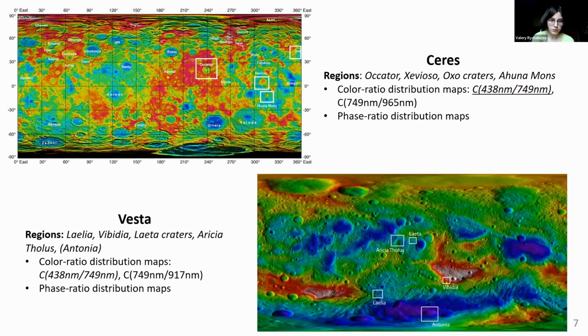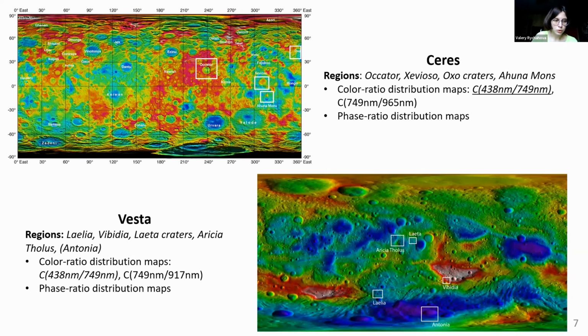On the surface of these two objects, Ceres and Vesta, we have some regions that we try to characterize. For Ceres, they are Occator, Haulani, and Oxo craters, as well as Ahuna Mons. For Ceres, the underlined color ratio in the slide is more informative, because the Ceres spectrum is more flat in comparison with Vesta, which has an absorption band.